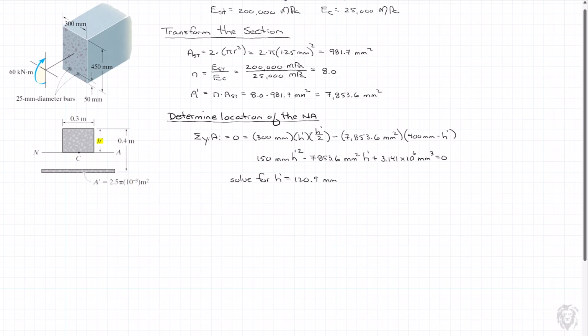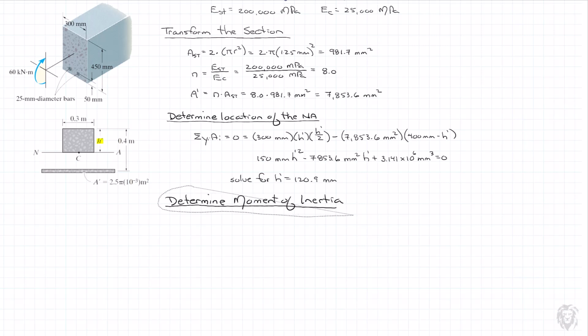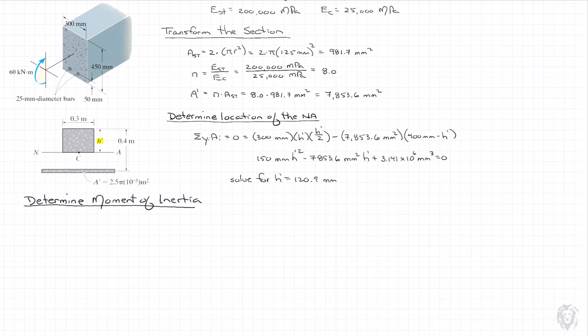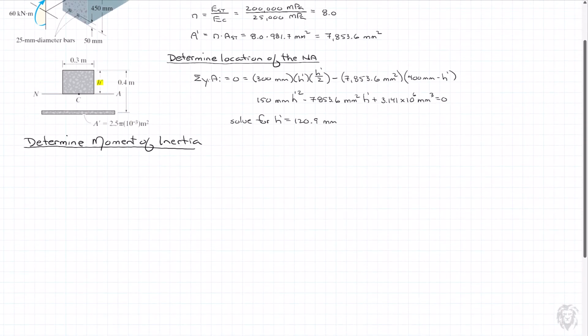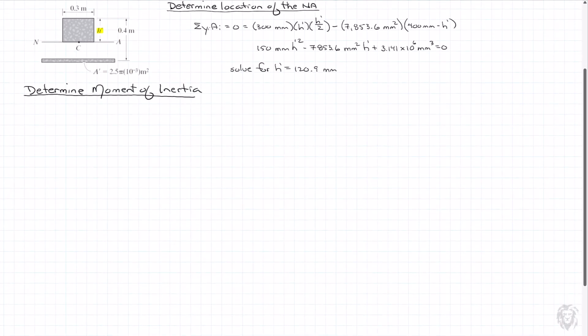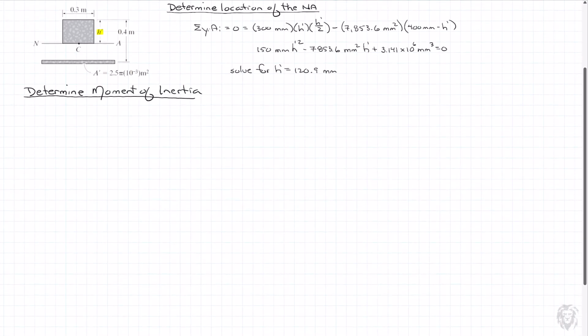And what we need to do now is determine the moment of inertia. So let's get the label in here. Now I'm just going to move that over just to give myself a little bit more room. We'll start working under it. Move it up to the top, give us a little bit of space. Of course, we're using the parallel axis theorem, and so I'll just write that in here.